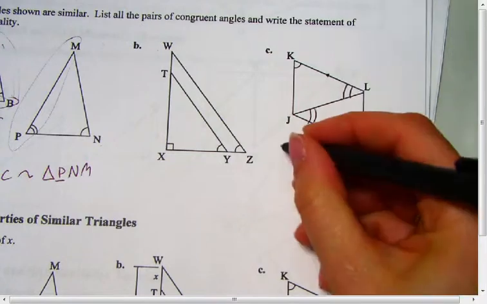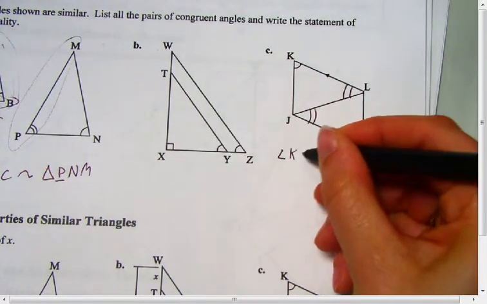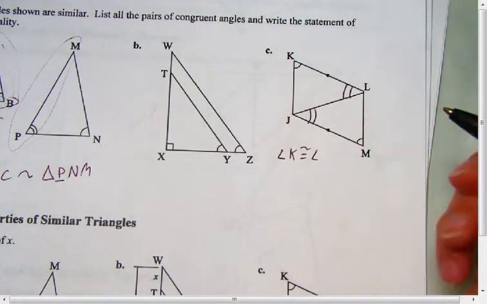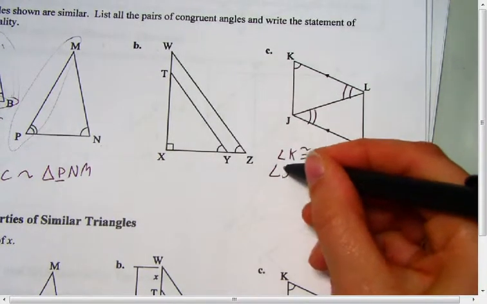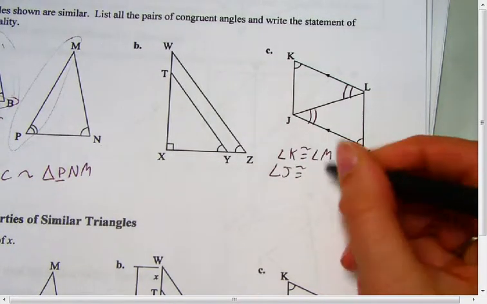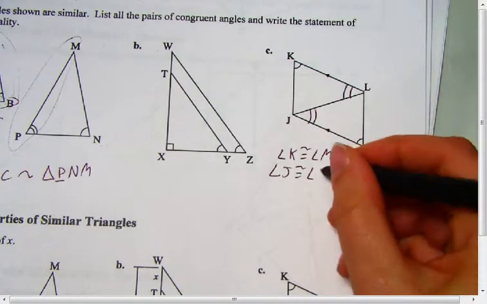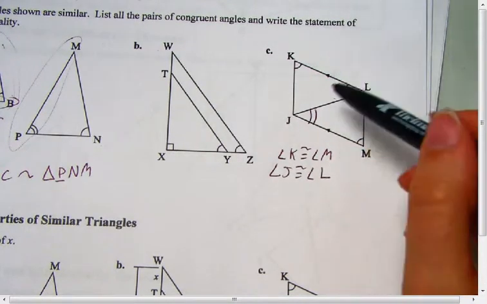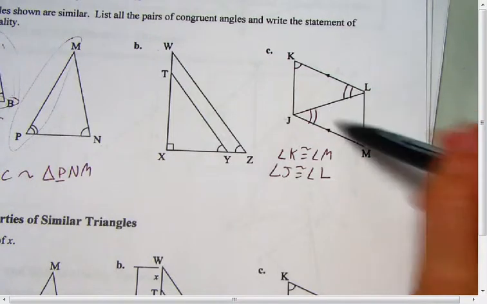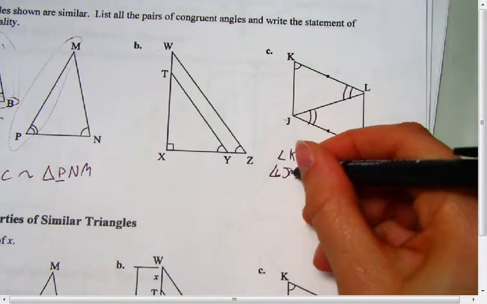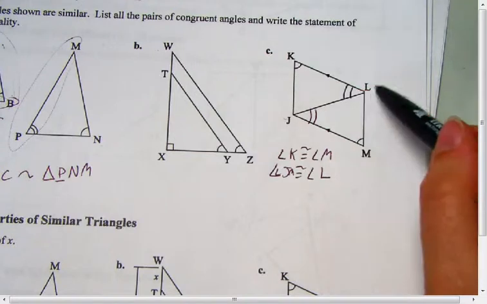So I can say angle K is congruent to what angle, guys? M. Angle J is congruent to what angle? L. Okay. And it might be easier if we list it as LJM and if we list it as KLJ.